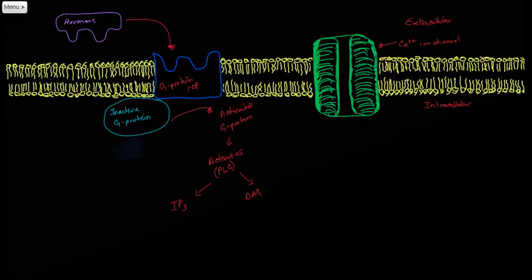So PLC will actually take these and create them from the membrane. Once that happens, the IP3 is able to diffuse into the cytoplasm, and it releases the stored calcium ions within the smooth endoplasmic reticulum or the endoplasmic reticulum, depending on the cell.